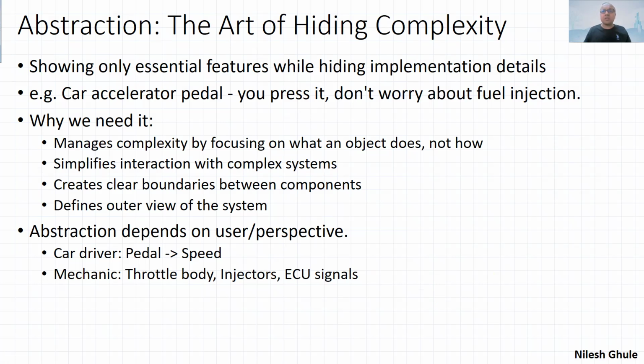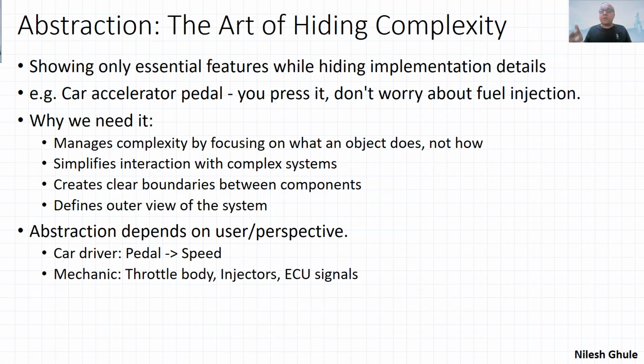We hardly bother whether the remote is running on radio frequencies or on infrared frequencies. But who cares? It is all about pressing buttons and getting the work done. This is nothing but abstraction.